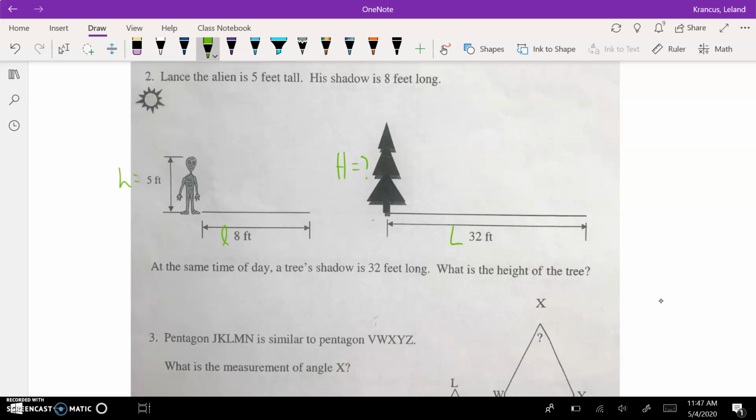So when you're setting up a proportion, you want to set them up so that they are sort of symmetrical. So I'm going to do the large thing over the small corresponding thing is equal to the large part over the small corresponding part. So it's large over small, height over height, length over length. So there's sort of a symmetry to it, a pattern to setting up your proportion.